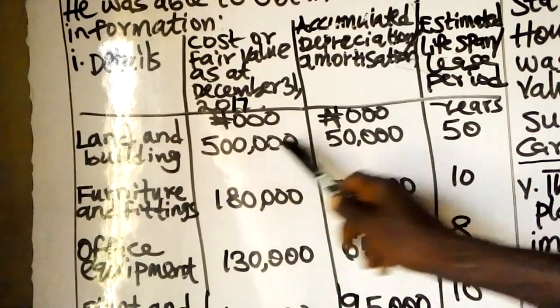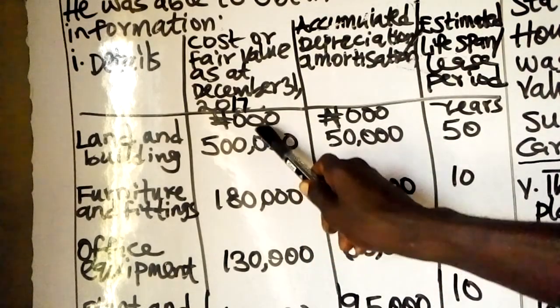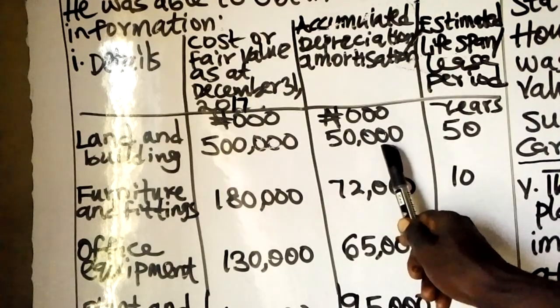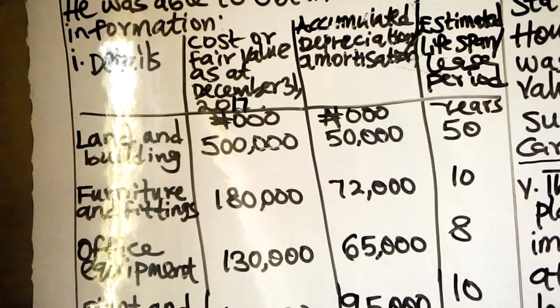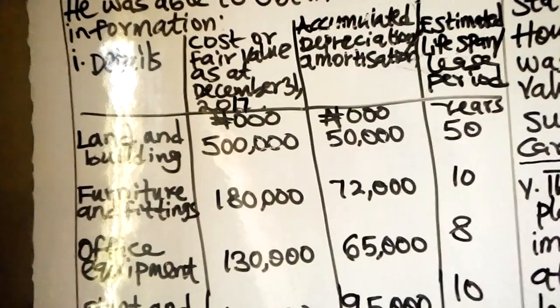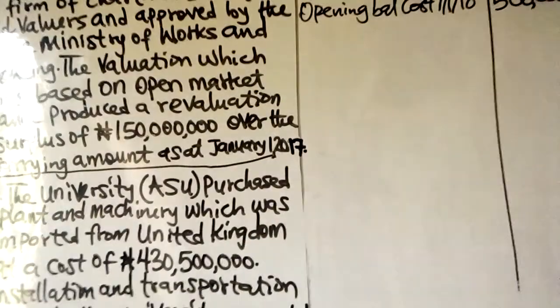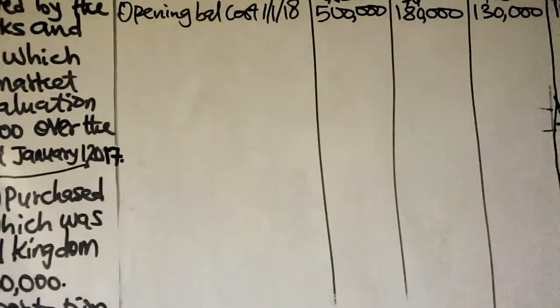The closing balance for the previous period, 500,000, less accumulated depreciation, 50,000, means the carrying amount as at that date is 450,000. This will have been 1st of January 2018.